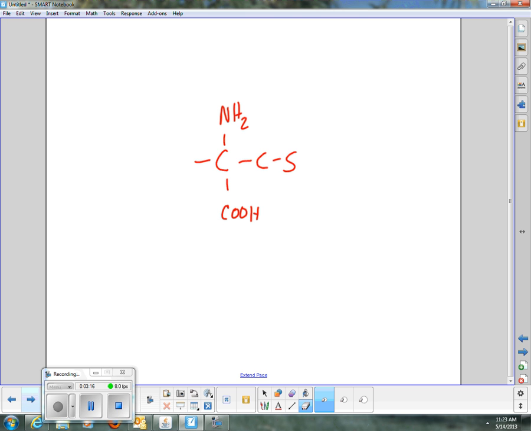And that sulfur, and the hydrogen's on this side, that sulfur will then bind to another sulfur of another cysteine. And so you get what's called a dimer, okay, which is a disulfide bond. Okay, so you get that disulfide bond. And that's unique to the cysteine.